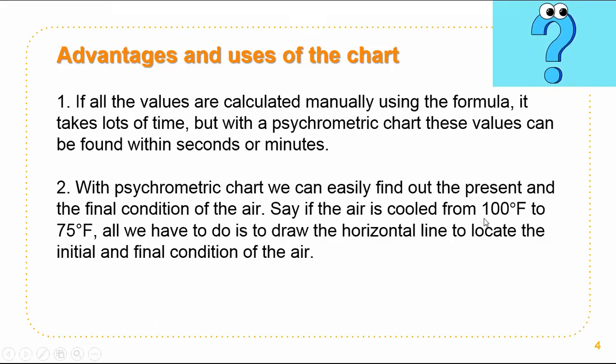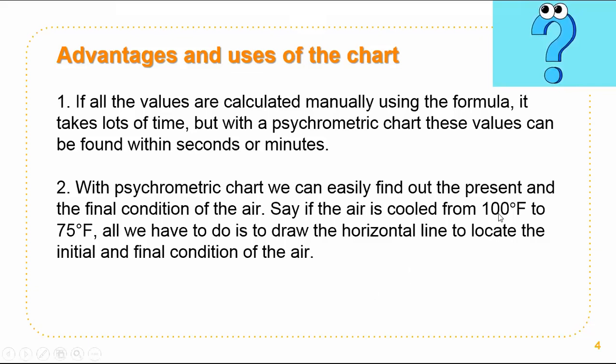But nonetheless, class, when we speak of the psychrometric chart, humidification and dehumidification problems, or drying, if the temperature given is not specified to be wet bulb temperature, dry bulb temperature, or dew point temperature, automatically it refers to the dry bulb temperature.